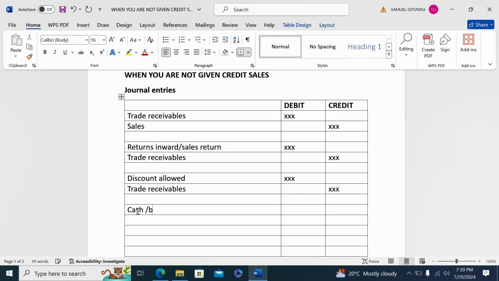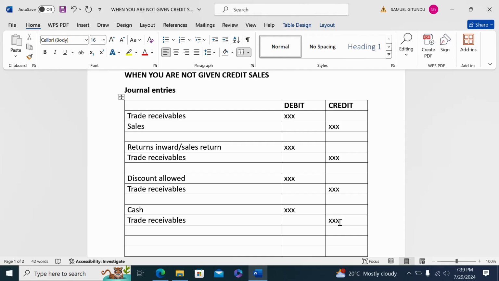So cash or bank, or let us just say cash. You debit the cash book, and then you credit the trade receivables account because it is now reducing.